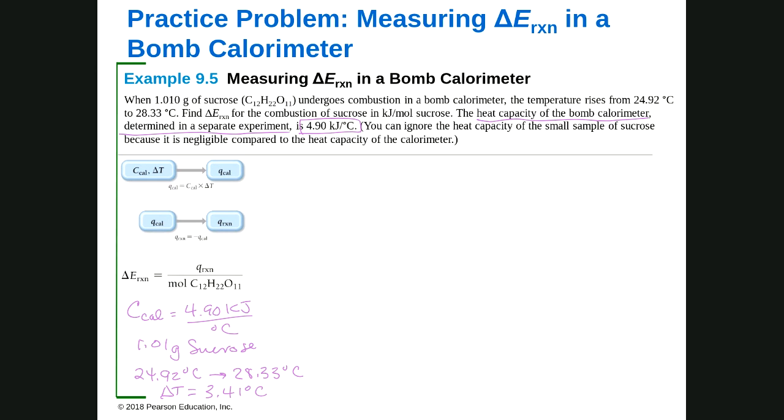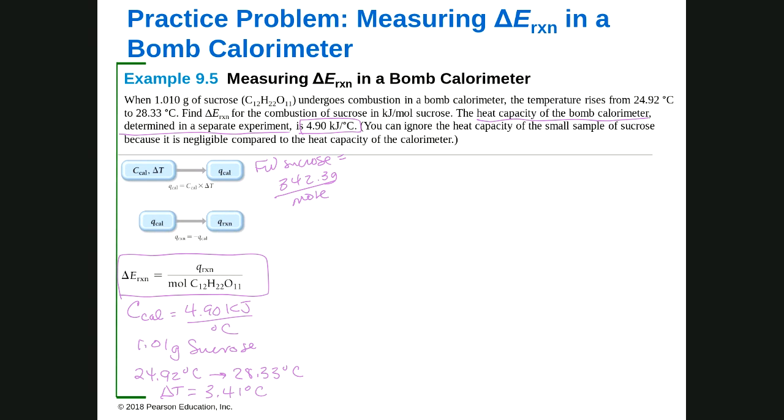Notice that when it asks me to convert that to the change in energy, I'm going to have to do it per mole. So I have to look up the formula weight of sucrose, which you may remember from other problems is 342.3 grams per mole. I'll show you why we have to know that in just a second.